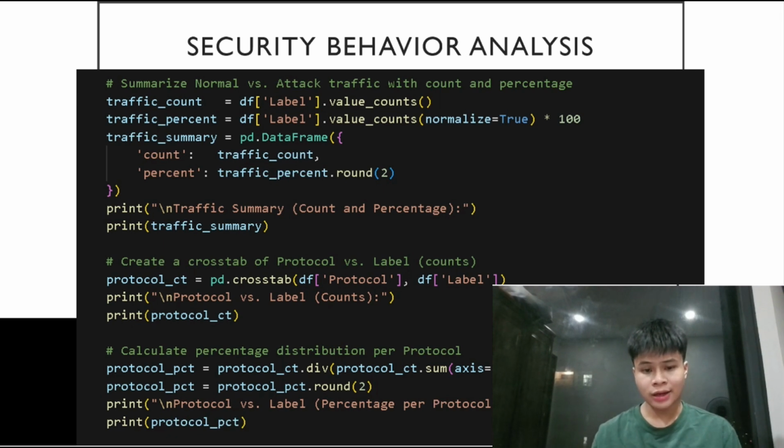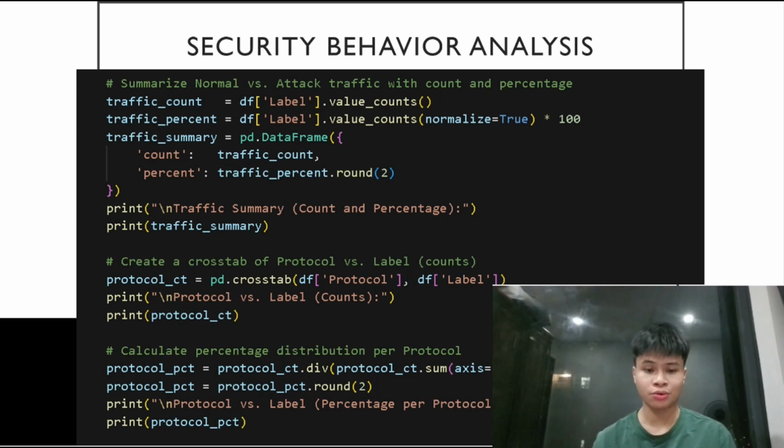The insights directly help us set pattern detection rules and select more important features for our machine learning model.